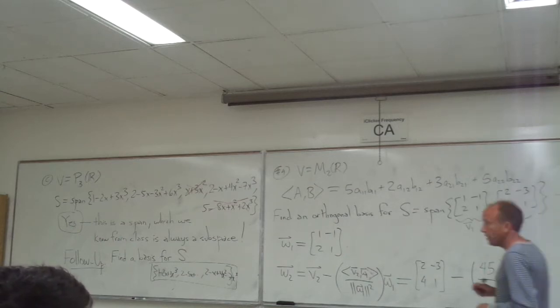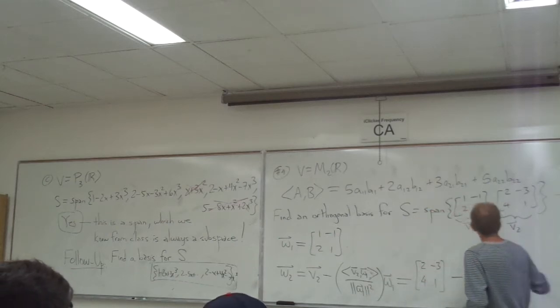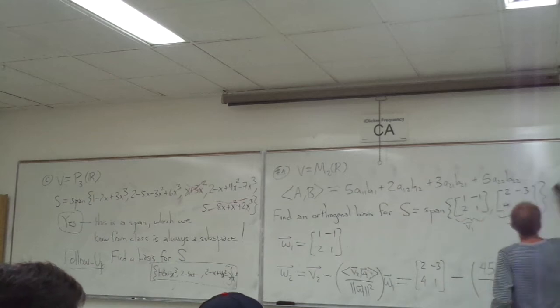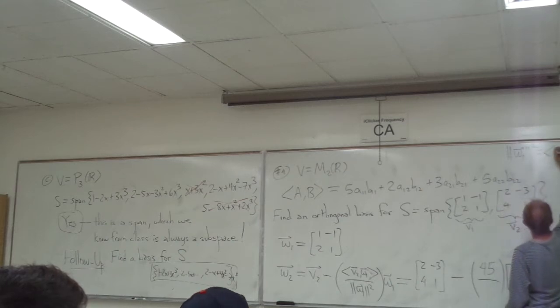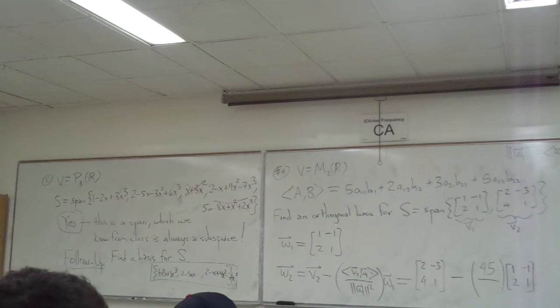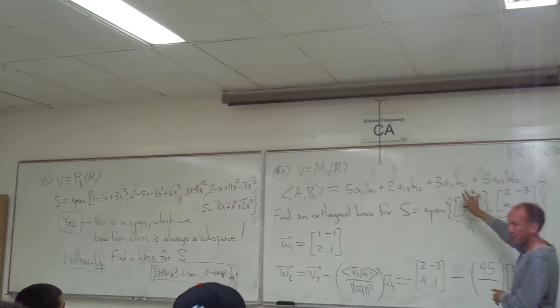Now on the bottom, I have the norm of W1 squared. The norm of any vector squared is just the inner product of that vector with itself. So I'm going to take W1 inner product with itself, the first vector with itself.